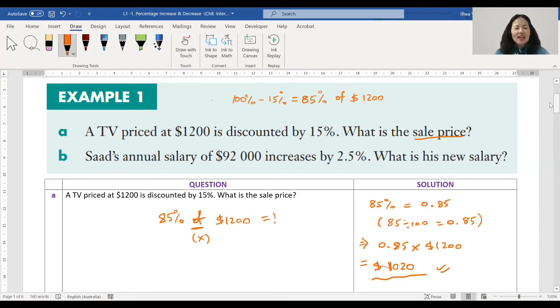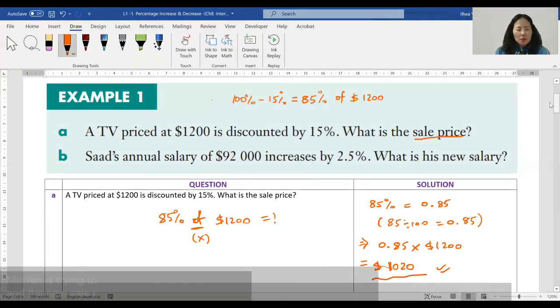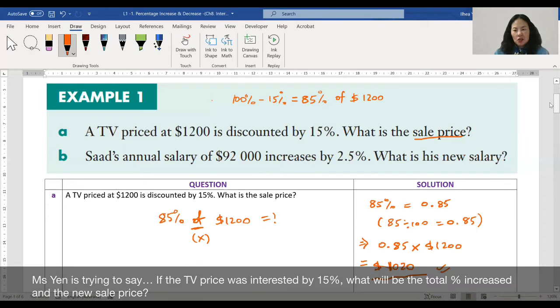Can you say the question again? A TV was bought by a shop owner for 1,200. They're not going to sell it for 1,200 because they bought it for that. So they want to increase 15% so that they can get a profit of 15%. Do you understand what I'm saying? So what will be the sale price for that TV if they increase by 15%?